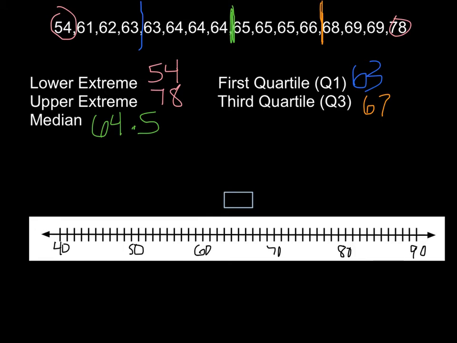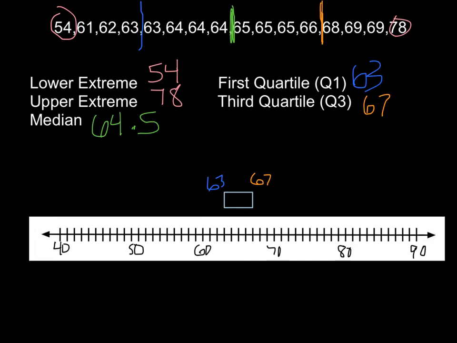Alright, so here's our box, and it began on 63, and I'm going to go ahead and write that in right above the corner here. It began at 63, and it stopped at 67. Those are our first and third quartiles.